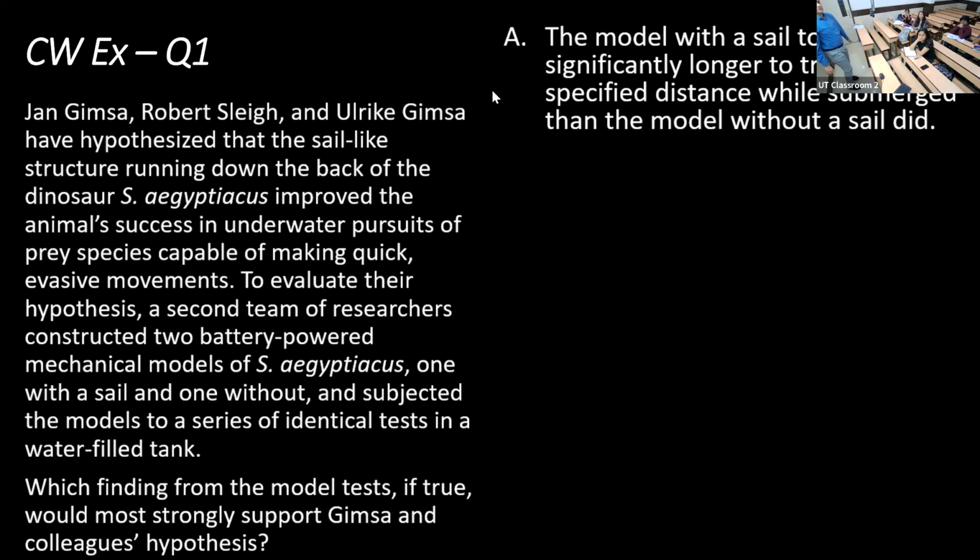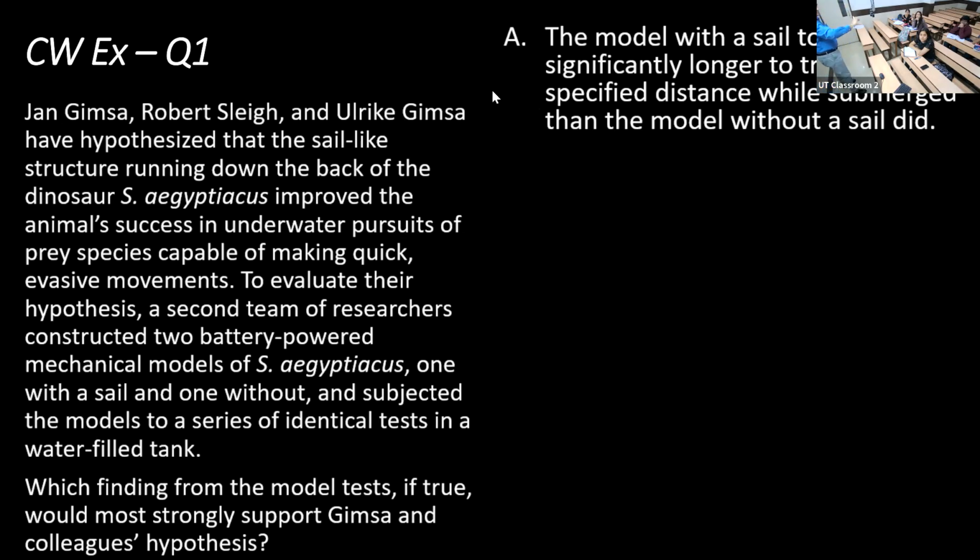So the first option says, so which means if this is true, they should support whatever the hypothesis they have produced. Right, guys? The model with a sail took significantly longer to travel a specified distance while submerged than the model without a sail did.